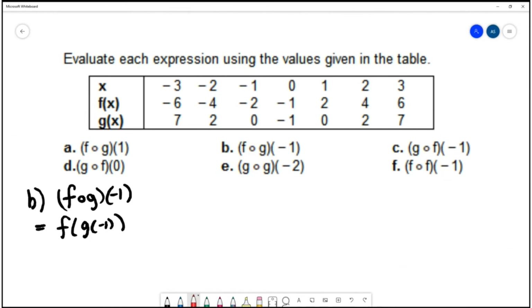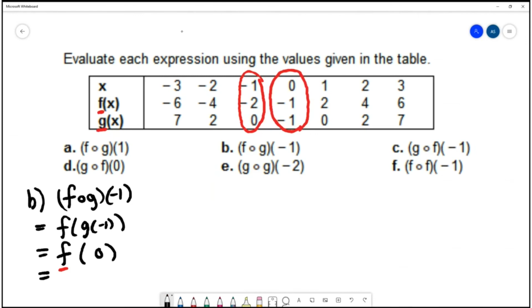And on my x, I have negative 1, and my y is 0 for the function g. I have f of 0, and here I have an x of 0, and I want to focus on f. F of 0 is negative 1.